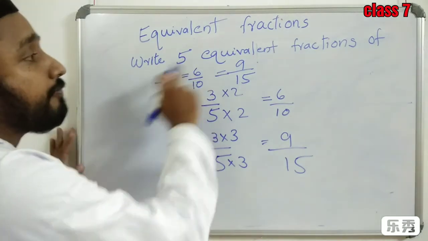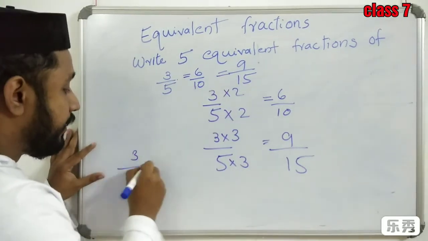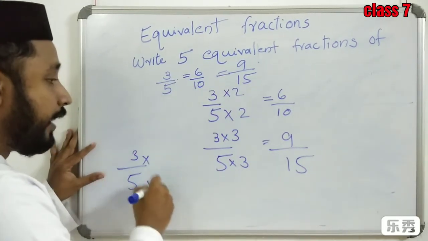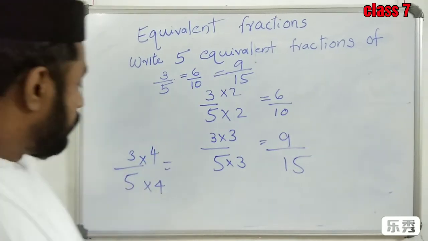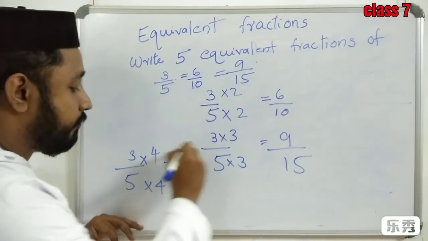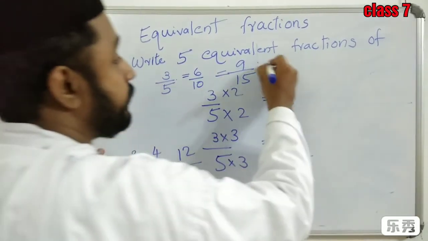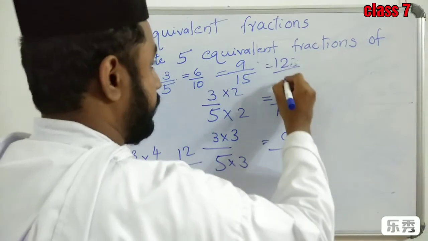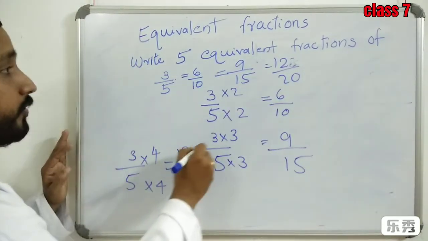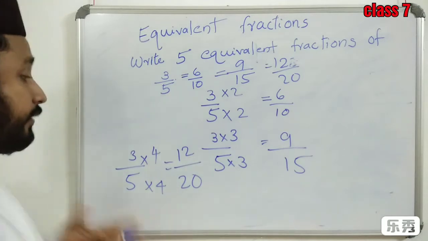We have to write 5 equivalents. Here, 1, 2. Another one, 3 by 5, I am going to multiply with 4. 3 into 4, 12. 5 into 4, 20. So, 12 by 20. Multiply with the 4. 3 into 4, 12. 5 into 4, 20.